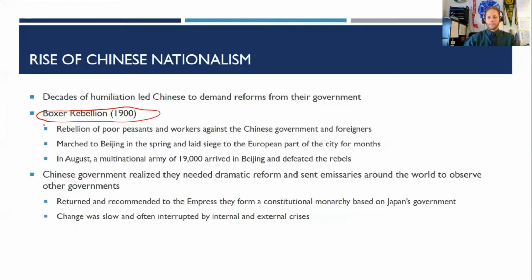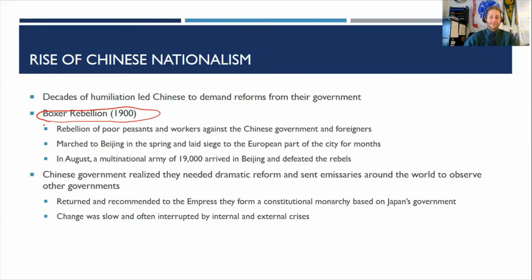The Chinese rebels are going to march to Beijing and lay siege to the European part of the city for months, but the Europeans with their superior weaponry are going to be able to hold off the Chinese mob until a multinational army, which is kind of cool from the world history perspective, where you have Japanese soldiers, Russian soldiers, British soldiers, French soldiers, and US Marines and soldiers all coming together to form an army to defeat the Chinese. And again, at China's expense, the world comes together.